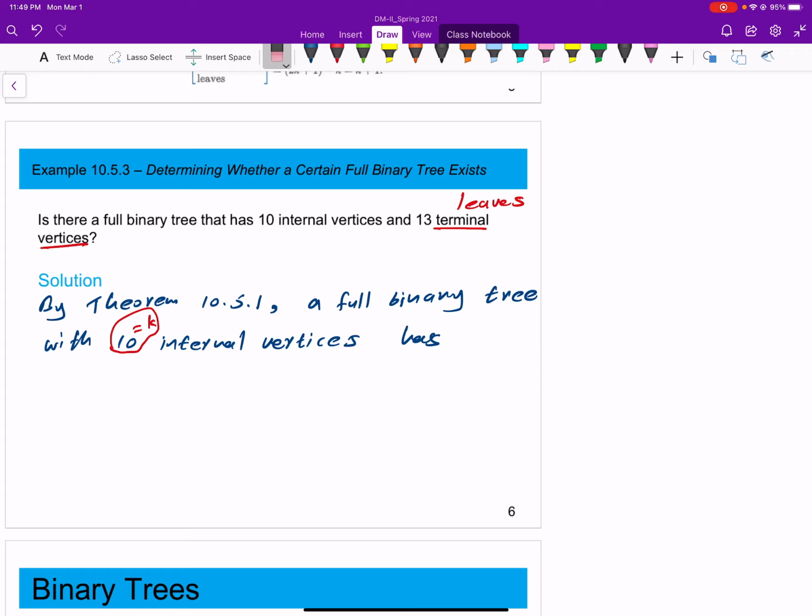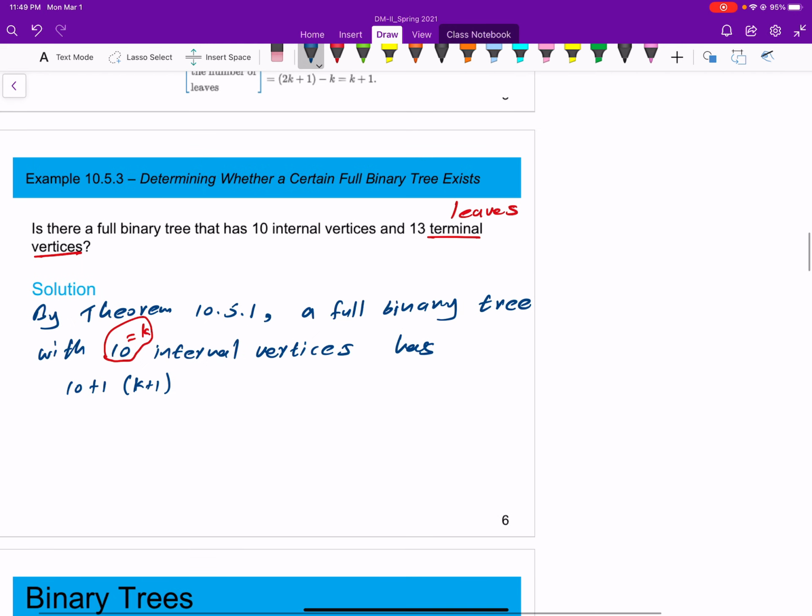That has 10 plus 1, that means k plus 1 terminal vertices.